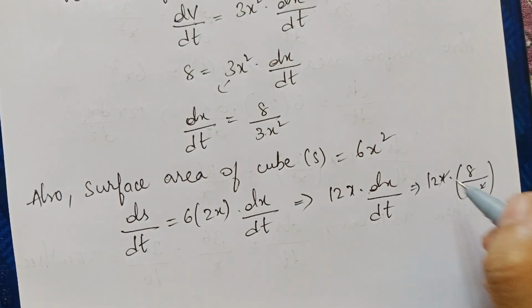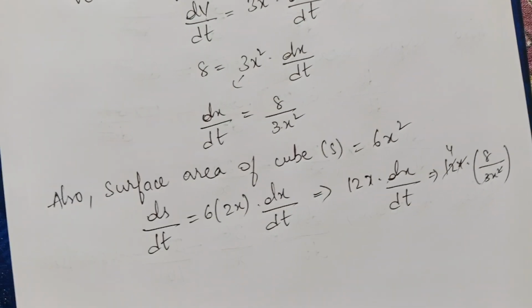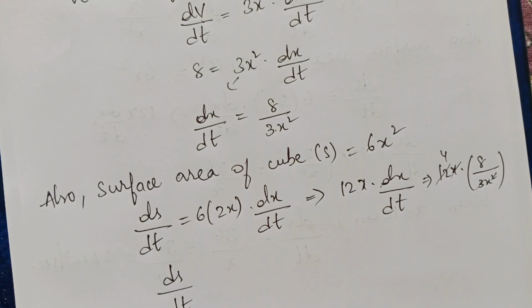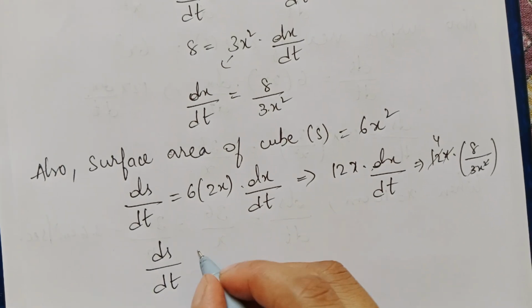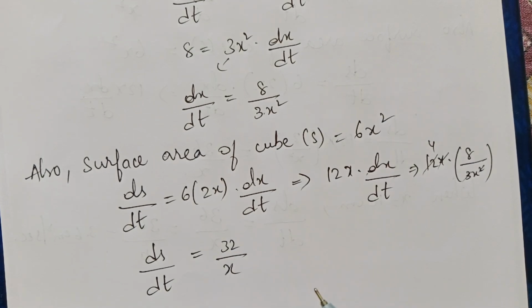One x gets cancelled, 3 ones and 3 fours. So we'll get dS/dt is equal to 4 eights are 32 by x remaining.